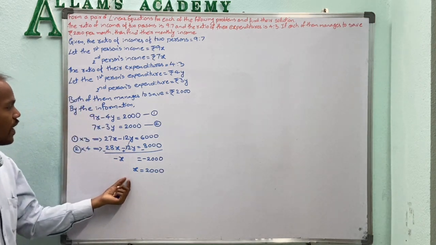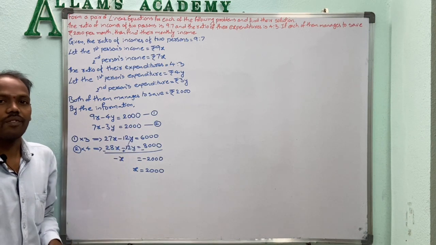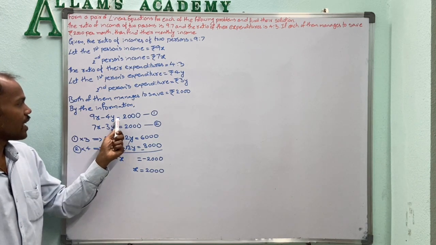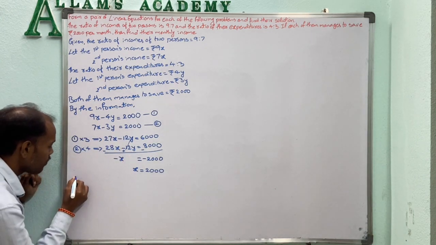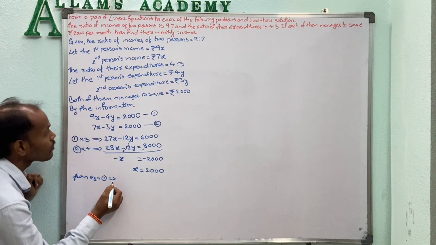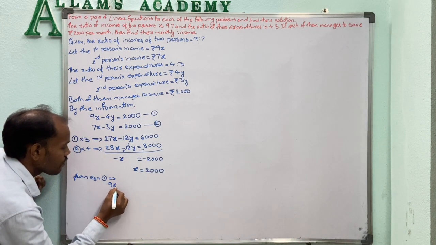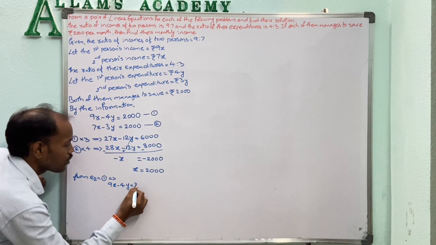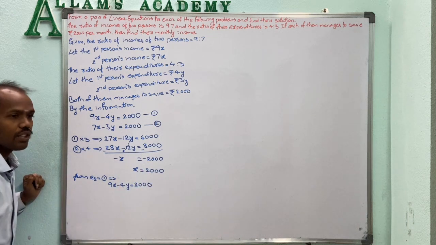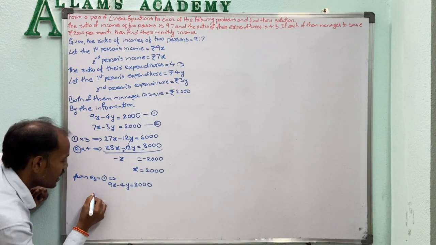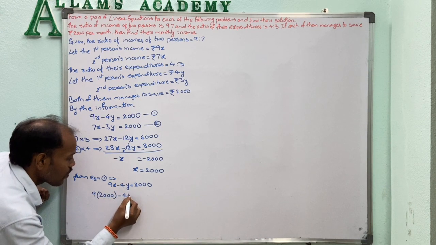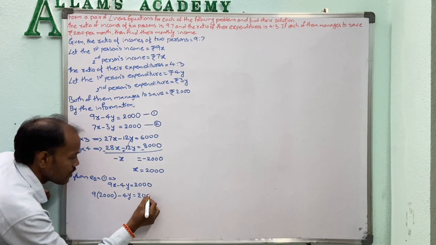Now substituting the x value in any one equation, we get the y value. Substituting the x value in the first equation, 9x minus 4y equal to 2000. In the place of x I substitute 2000, so 9 into 2000 minus 4y equal to 2000.